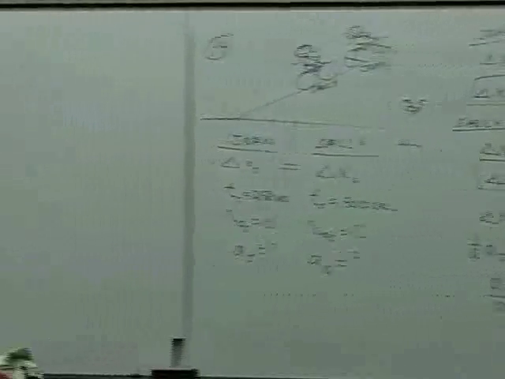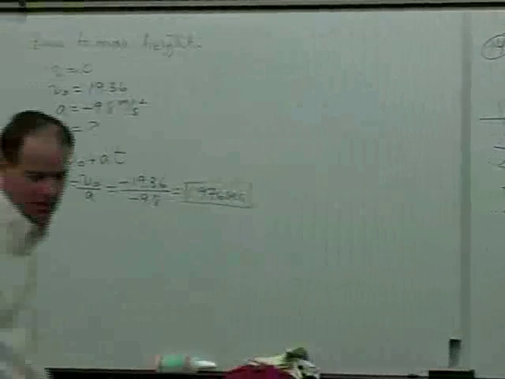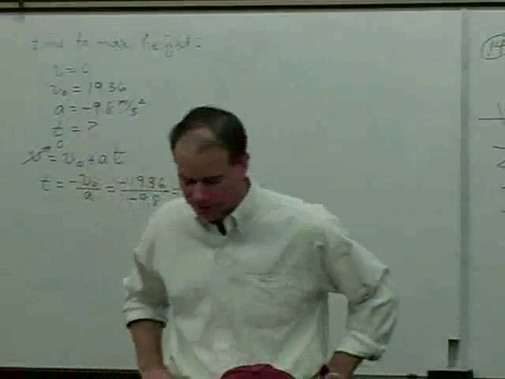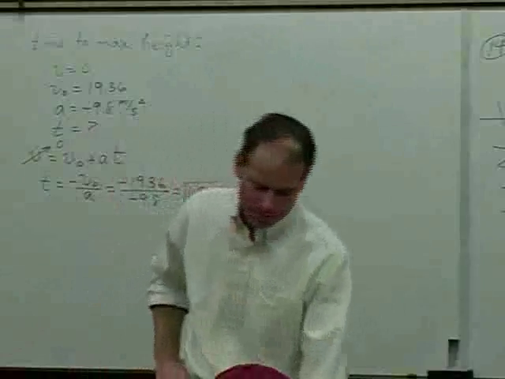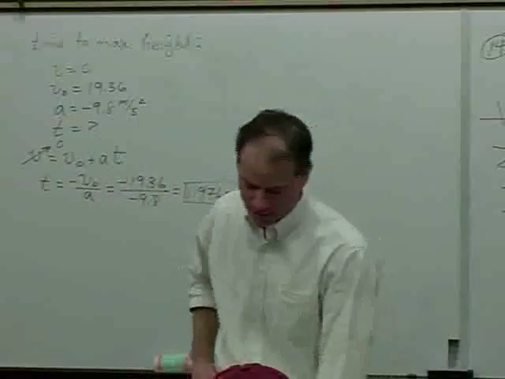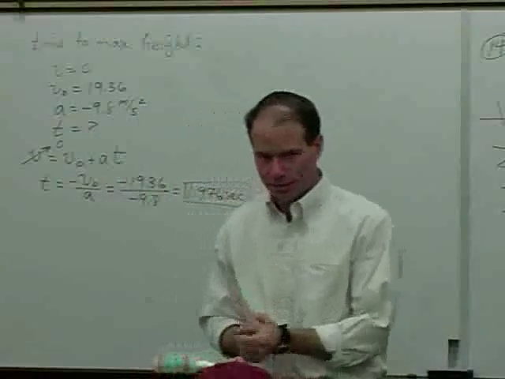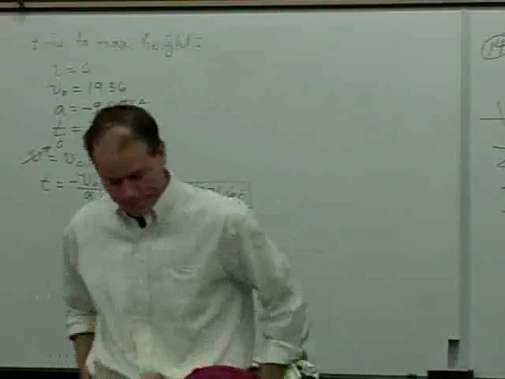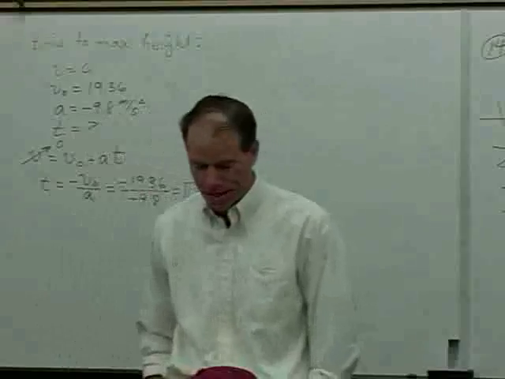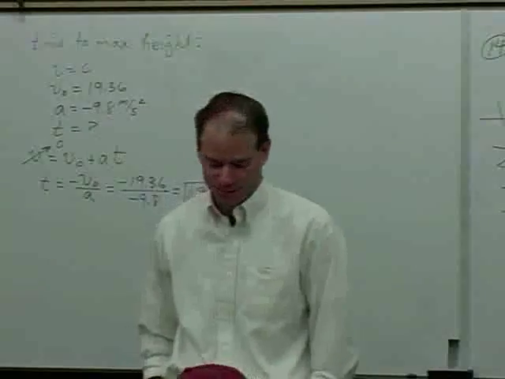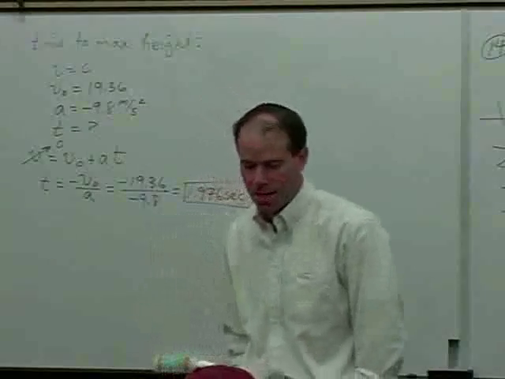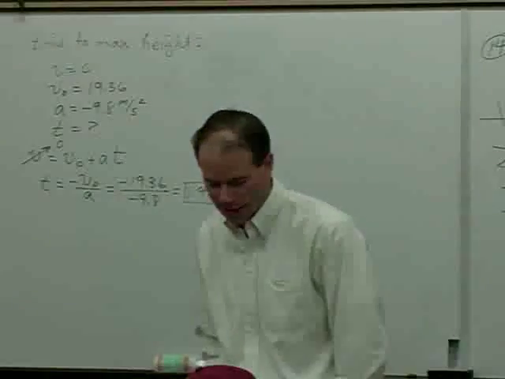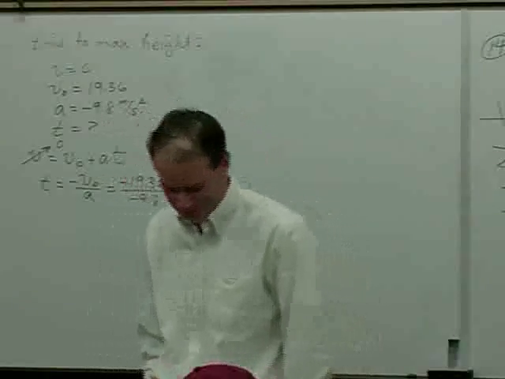There's a problem in the book which I like to do. I'm just going to describe it to you and we'll try it out. It's actually problem number 40 in chapter 2, on page 49. I'll read it to you and then we'll try it out. It says, Emily challenges her friend David to catch a dollar bill as follows.